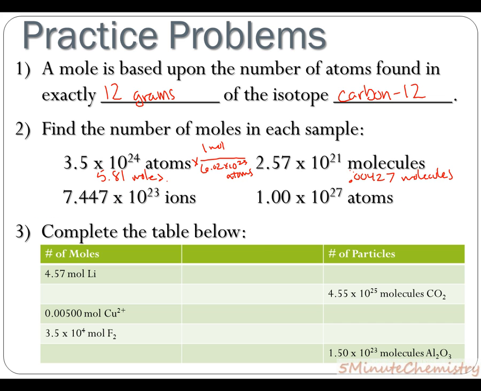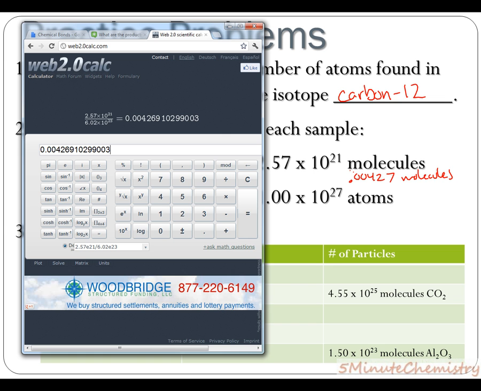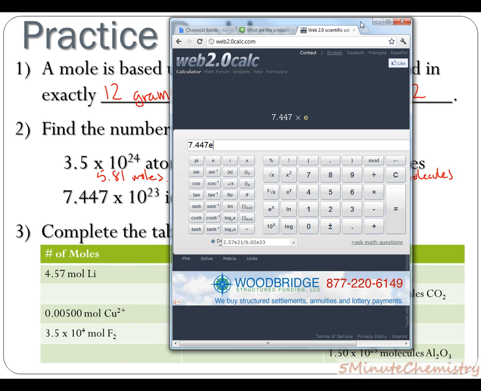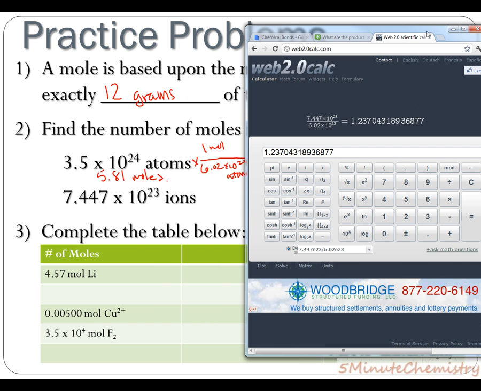We'll do the same with our 7.447. Divide that by my times 10 raised to the 23rd here, divided by 6.02 times 10 to the 23rd. 1.237.